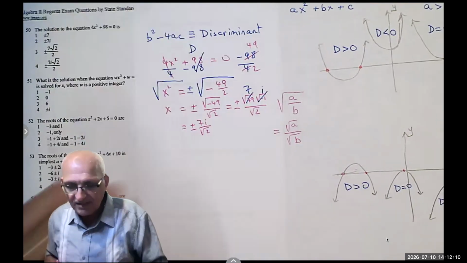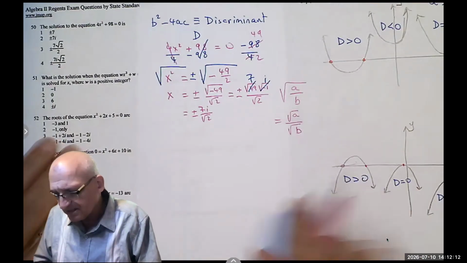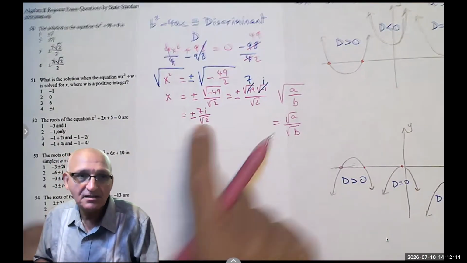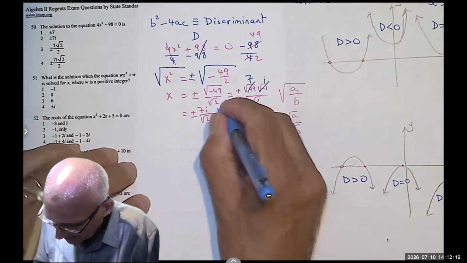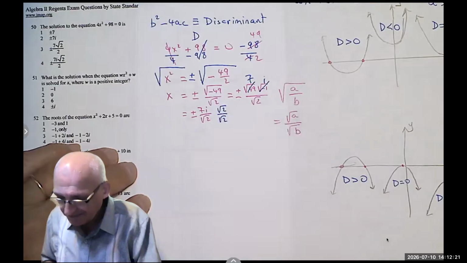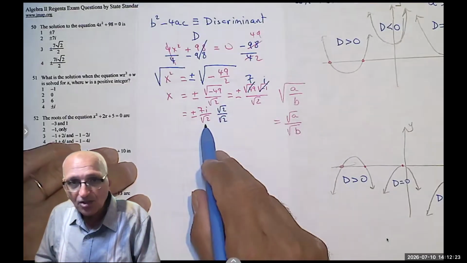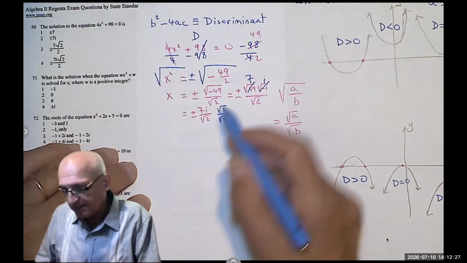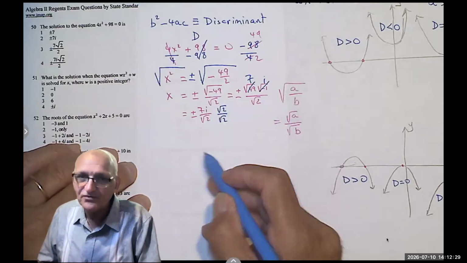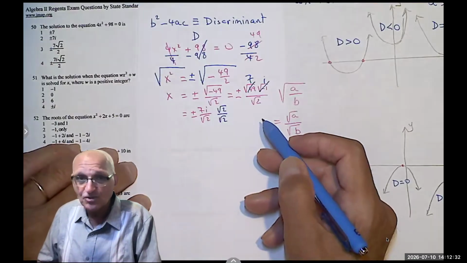So I say it equals plus or minus 7i over square root of 2. None of these equal that. Why? Because I have an irrational denominator. How do we solve that? You multiply top and bottom by that irrational number. And if it were 3 plus square root of 2, you multiply by 3 minus square root of 2 over 3 minus square root of 2.